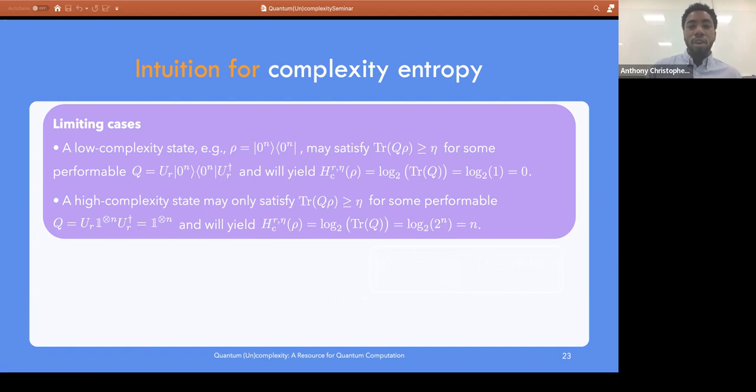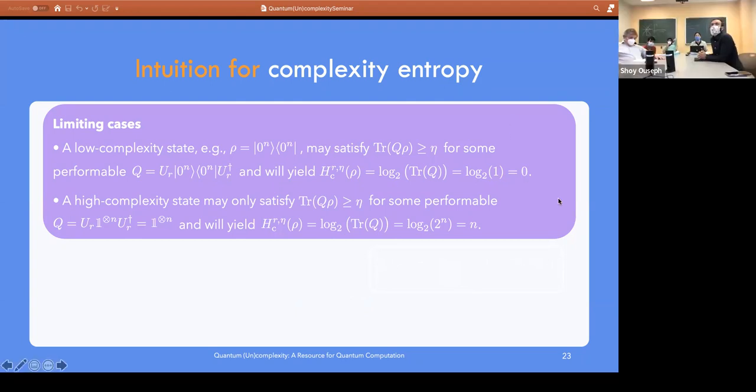In the limiting case where rho is exactly equal to the all-zeros state, I could just choose Q to be the all-zeros projector, and that probability is going to be equal to 1, and therefore it is certainly going to be greater than eta, which is bounded between 0 and 1. Okay. Thank you.